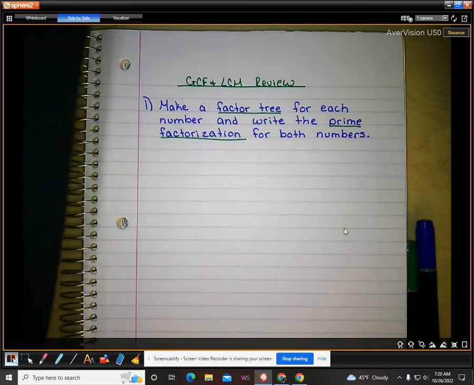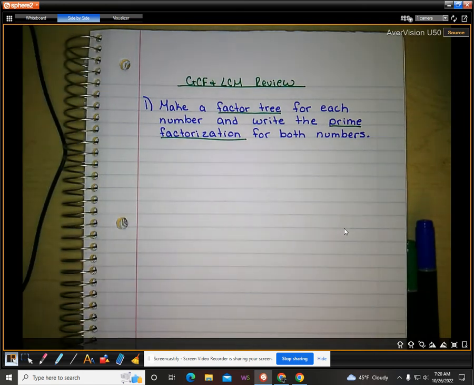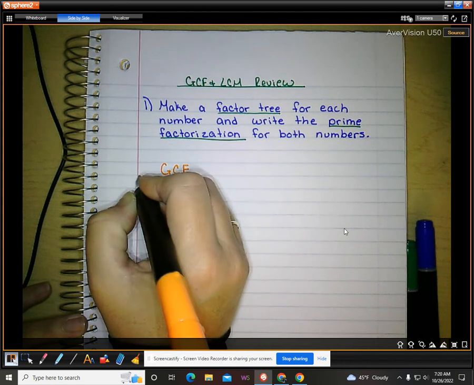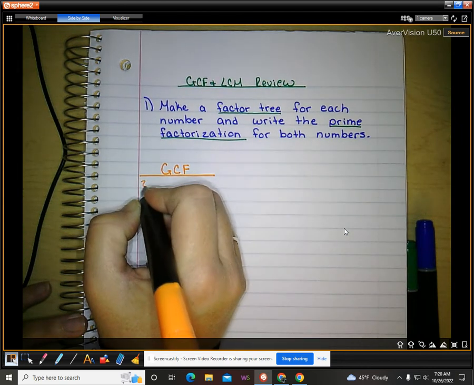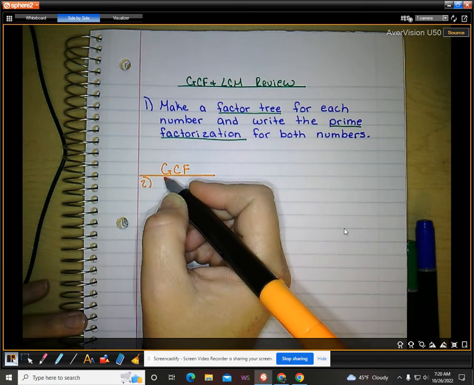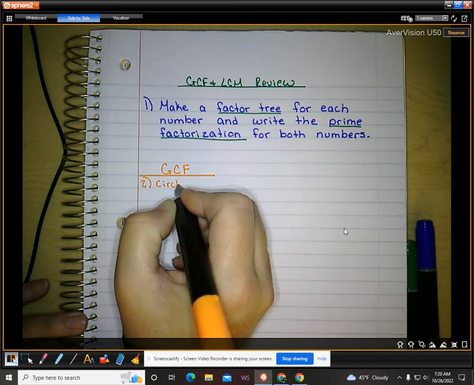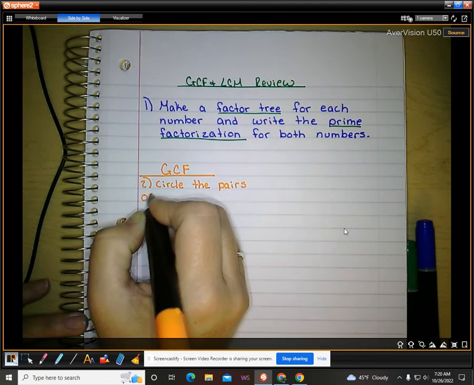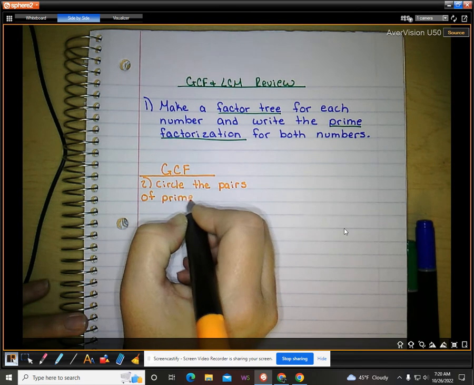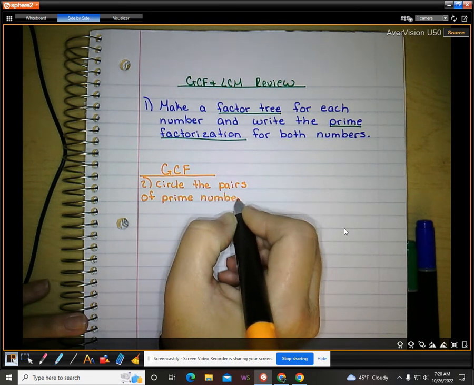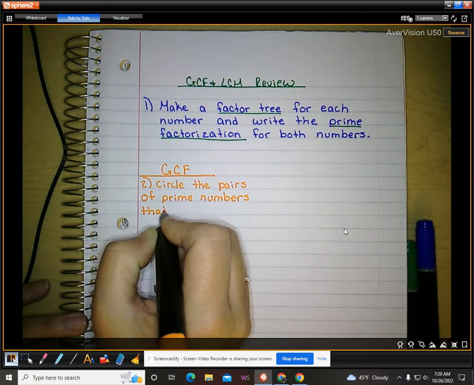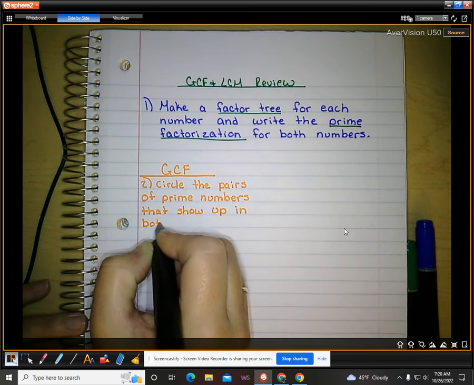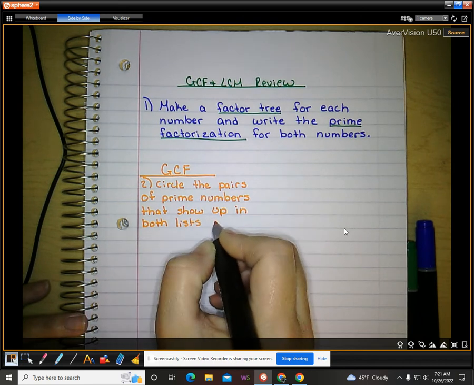Then, after you do that, to find greatest common factor, you are going to circle the pairs of prime numbers that show up in both lists and multiply them.